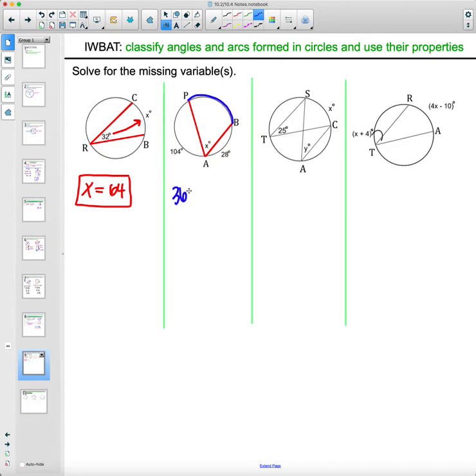So we can do 360 minus 104 minus 28 to figure out this arc that's missing. So 360 minus 104 minus 28 gives us 228 for this arc. Then to get the angle, you divide the arc by 2. So we would get x equals 114 degrees when I divide by 2.